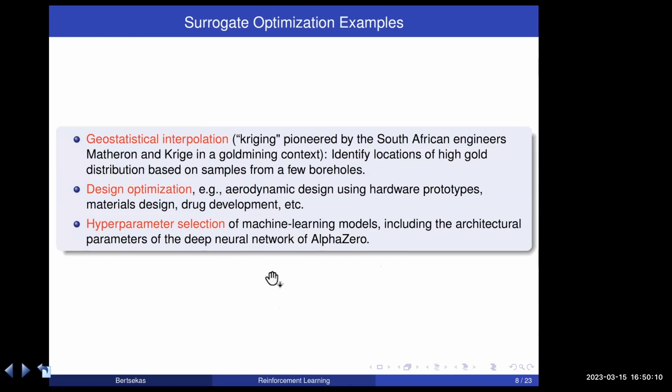Therefore, surrogate optimization has been used in this context to tune the hyperparameters. And that has happened in particular in the deep neural network AlphaZero, allegedly. The AlphaZero paper talks about that, but doesn't give any details. So I'm not quite sure what they have done, but they claim that they have done it. And I'm not surprised, because this is a common use of surrogate optimization these days.